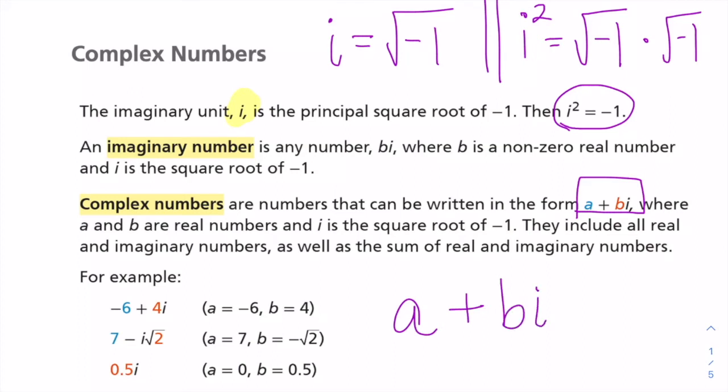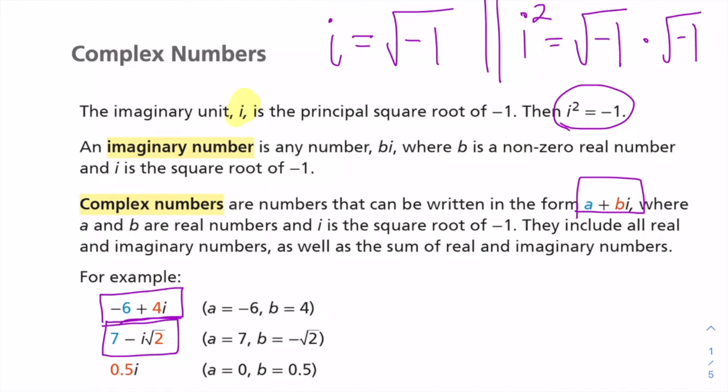So if you notice, for example, here we have -6 plus 4i. 7 minus i root 2. And we try to write the i and make sure it's clear that it's not inside the radical.